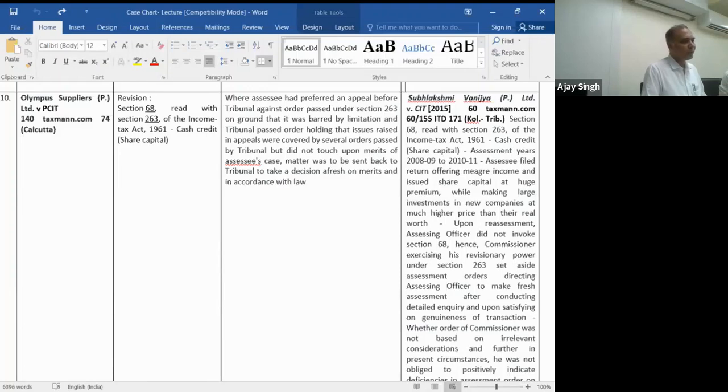But this decision once again reaffirms that each case has to be decided by its own facts, and one has to deal with the merits of the case before coming to any particular conclusion. And therefore this matter was set aside, and the court has observed that we have not commented anything on the merits of the case this way or that way, and all the contentions were left open for both the parties. So one can take note of this decision.